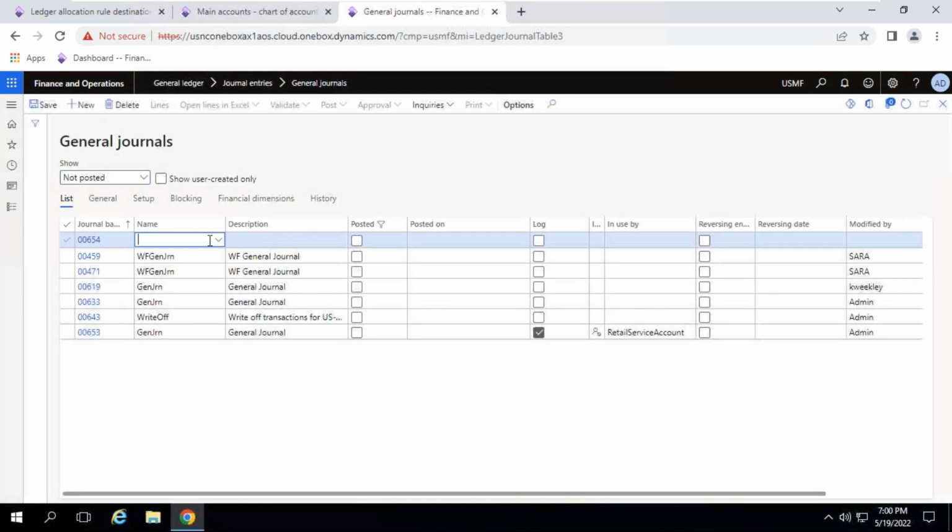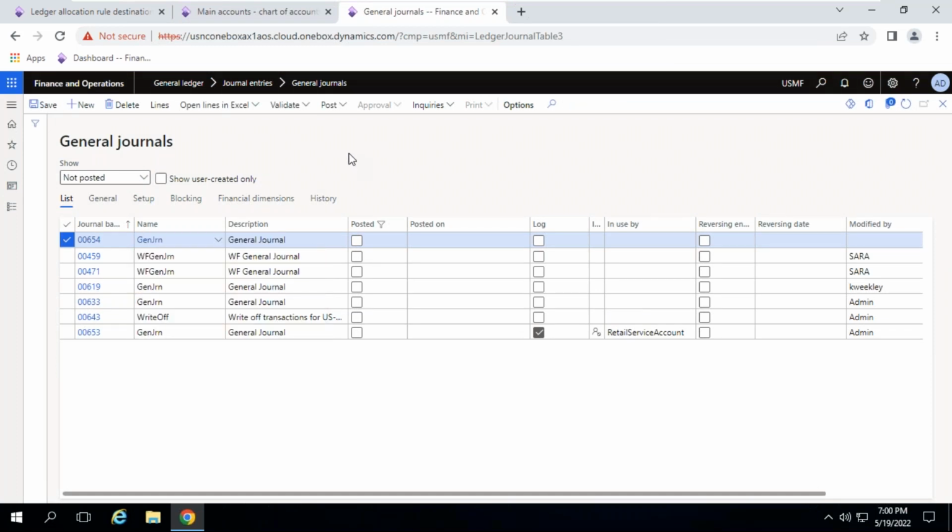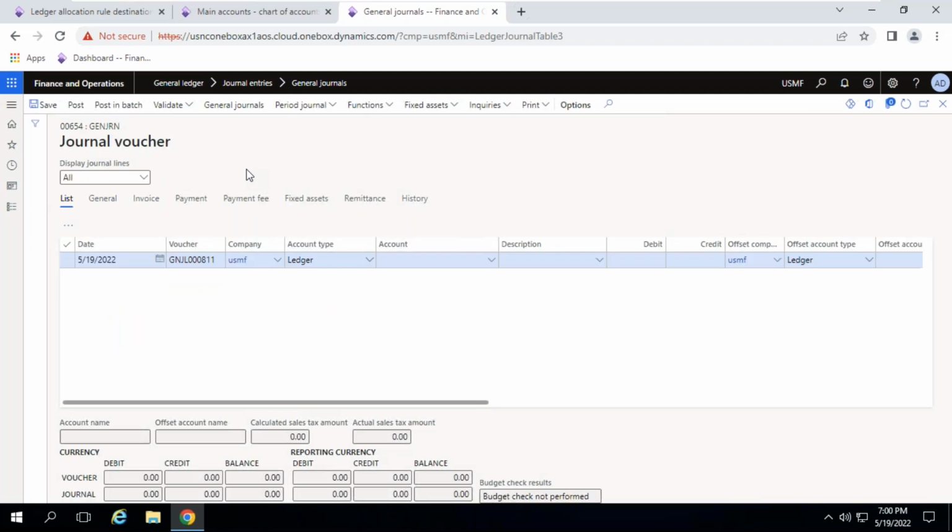Click on new, general journal, go to lines. Suppose I'm entering for this account, it is 2,40,000 expenditure. It was posted.